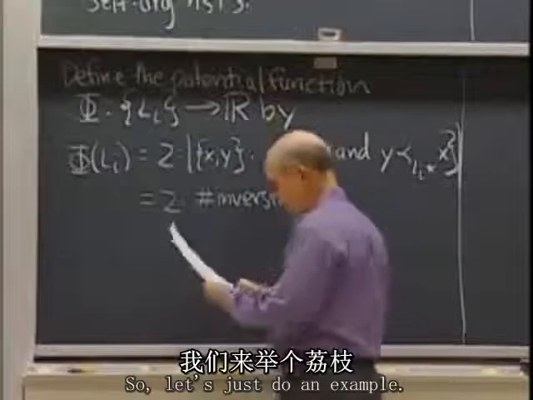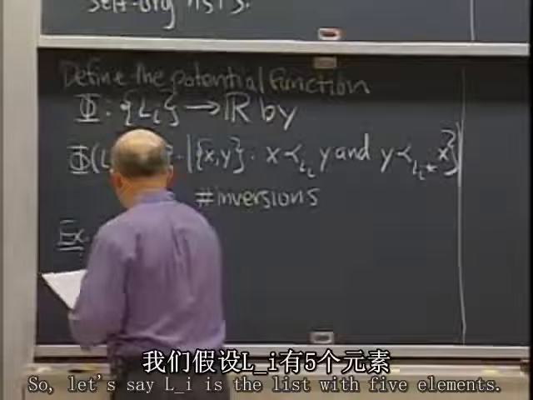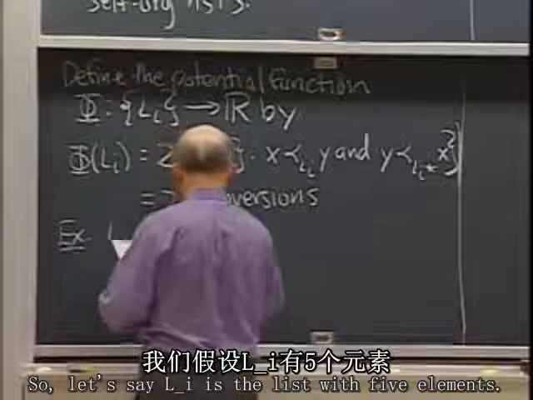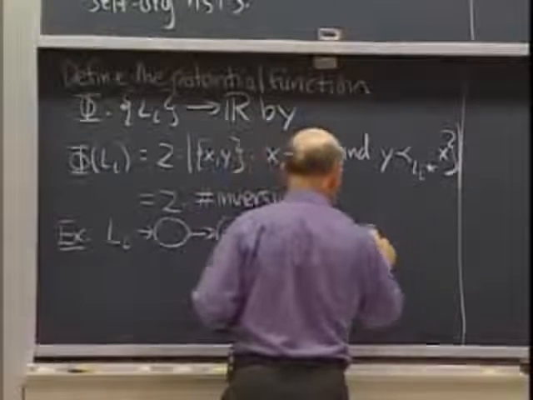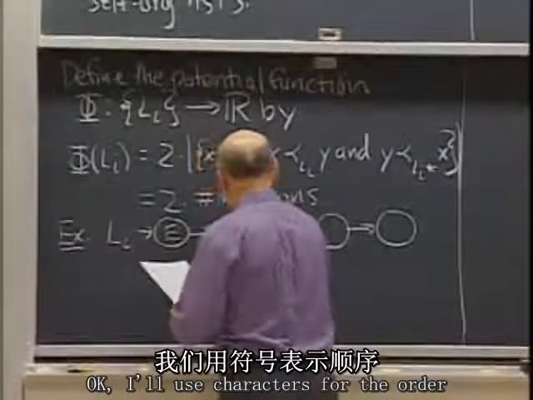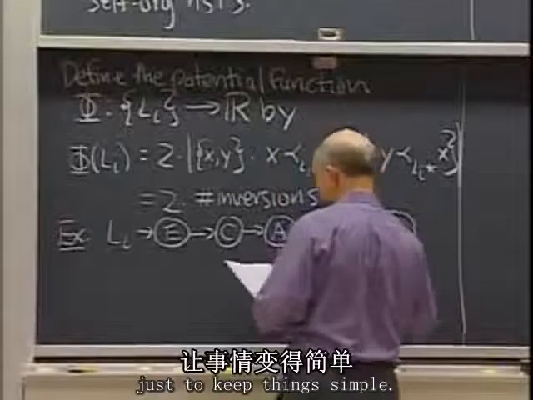So let's just do an example. So let's say L sub I is the list with 5 elements. Okay, let's say it's, I'll use characters for the order, just to keep things simple.